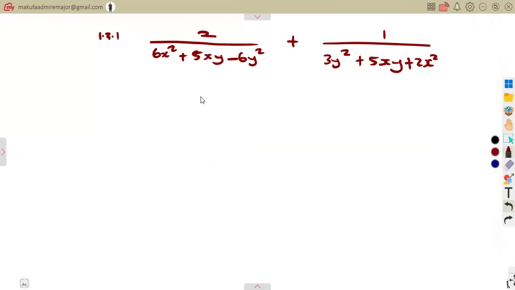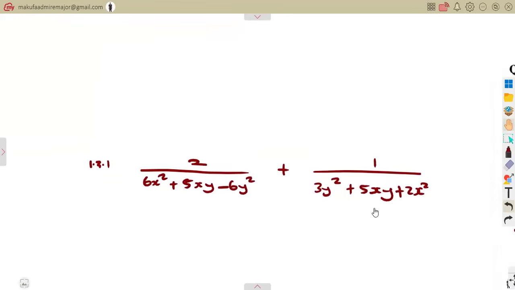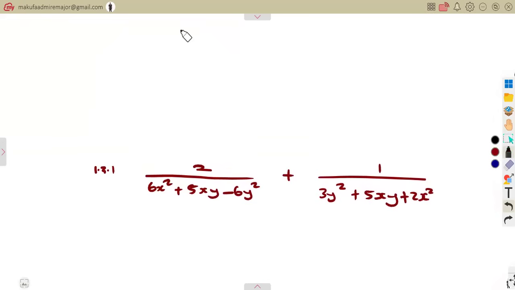Okay, so if I'm to consider this here, like I said, the factorization concept is in your hands, the way that you're going to factorize. You are going to apply that longer way of your factorization, 6x squared plus 5xy minus 6y squared, just like what we did last time.